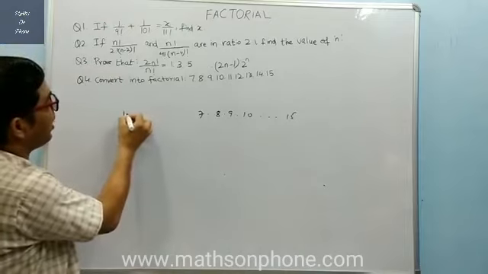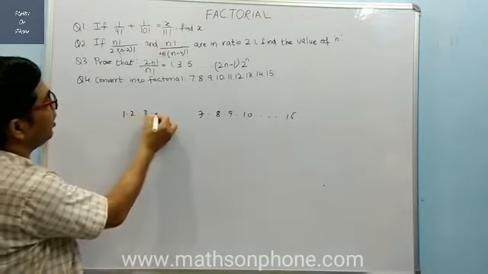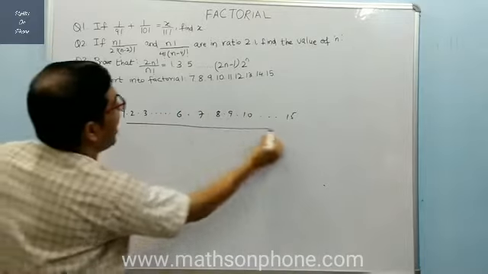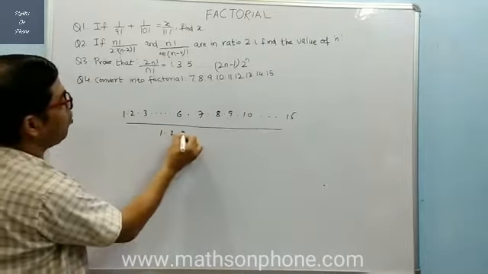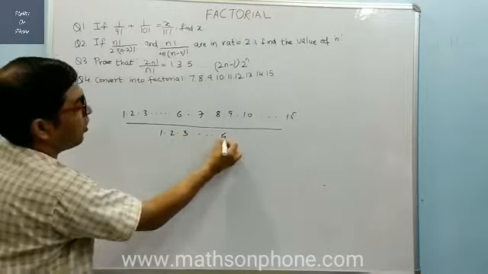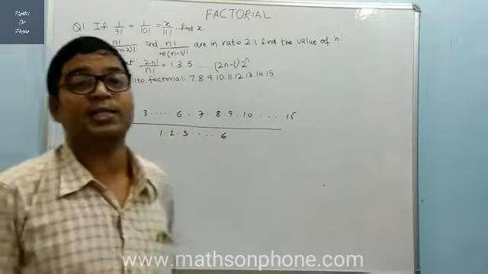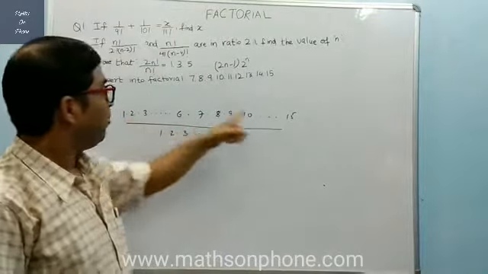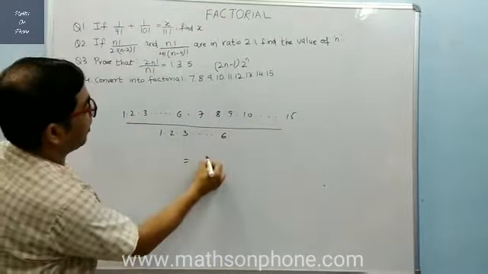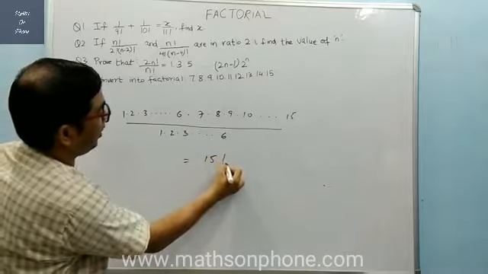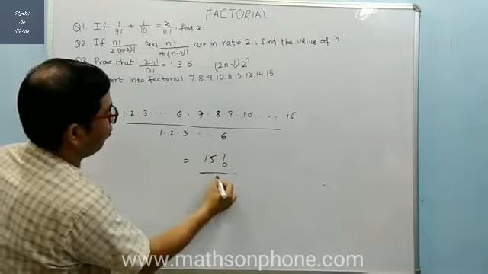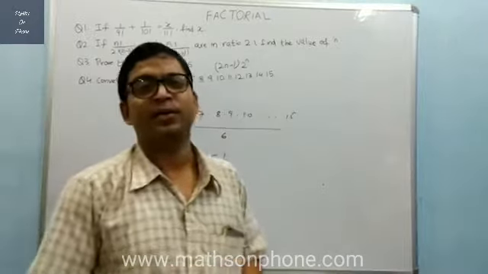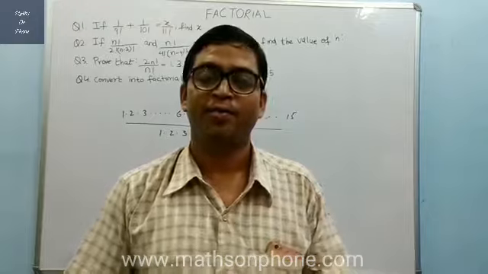So if I am just writing 1, 2, 3 up to 6 like this in the numerator and in the denominator to balance it out, because we cannot do anything extra in mathematics, we have to balance it out. Now the numerator is coming out to be factorial 15, and here it is coming out to be factorial 6. Hope you are understanding dealing with the factorial very conveniently.